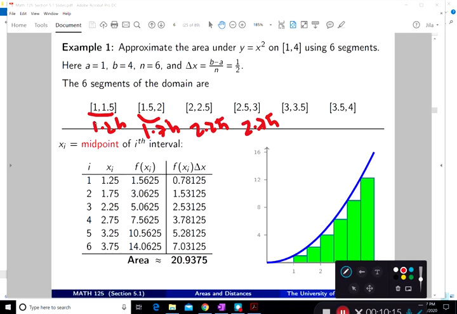You plug those points in the function to find the height of the rectangle this time, rather than putting one of the endpoints, and then you find the area of each rectangle, and you add them all up together to get the answer for this.